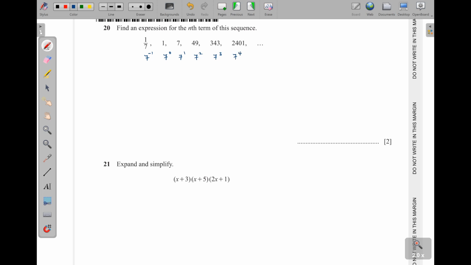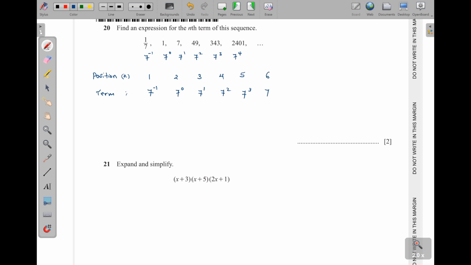Now, what we need to do, let us look at the positions. Okay, the positions of the terms n. So we have position 1, position 2, position 3, position 4, position 5, and then we can have the terms. So the terms here are 7 power negative 1, 7 power 0, 7 power 1, 7 power 2, 7 power 3.